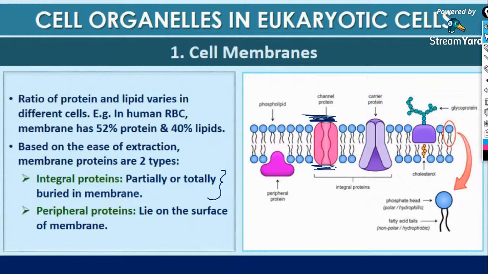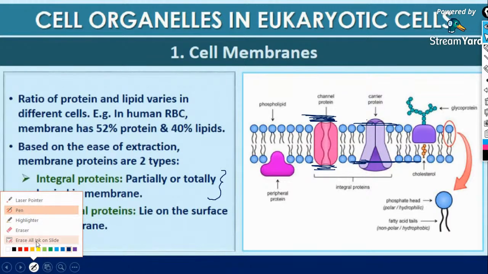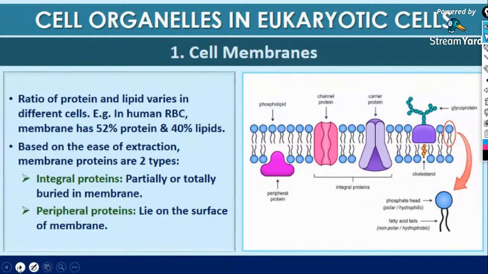Whereas in the case of the purple colored one, only a partial part of it is covered by this membrane. Partially or totally buried inside the membrane, it is known as an integral protein, and if it is lying on the surface, then it is known as an extrinsic or peripheral protein.